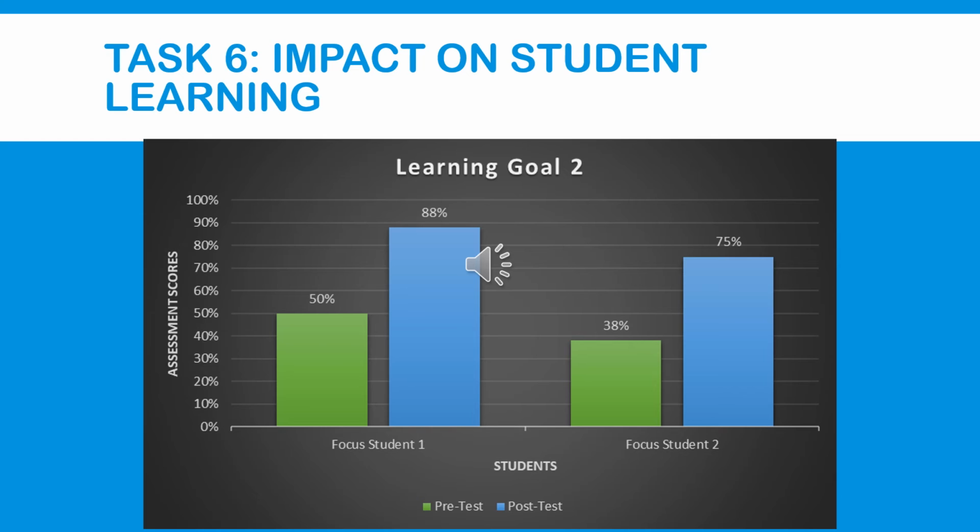My first focus student did fairly well on the pre-assessment, and she did increase to 88% on her post-assessment. My second focus student did not do as well on her pre-assessment. She had a 38%, but she did greatly improve to a 75%. She also just had little errors of trying to find her least common denominator or common denominator.